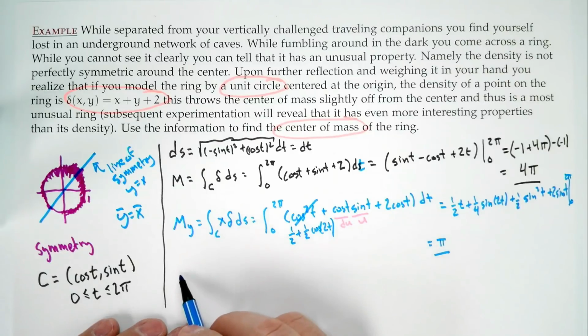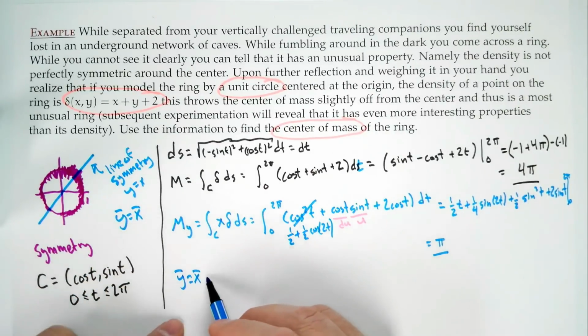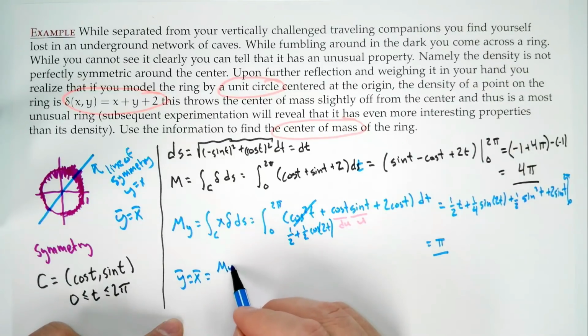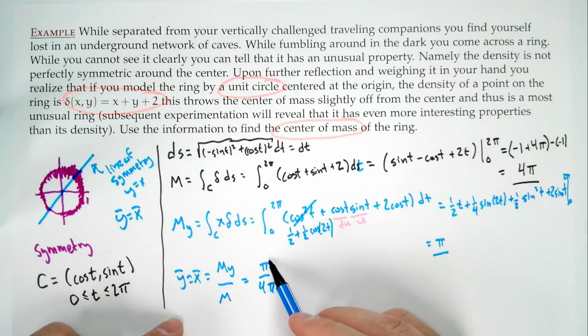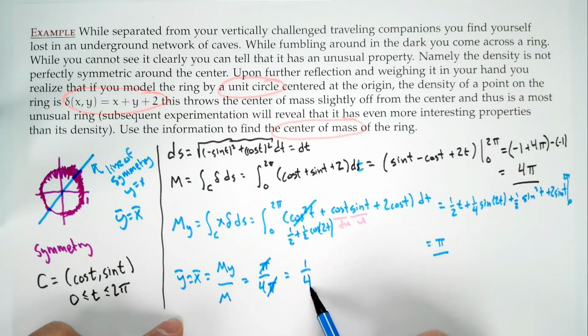Okay, so what do we know? Well, we know that y bar equals x bar, because we said that before. And we know that x bar is the moment with respect to the y-axis over the mass, which is pi over 4 pi, which means no more pi's. Pi's are gone. Or 1/4.